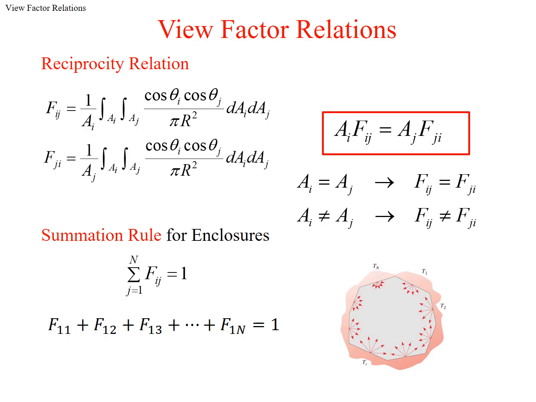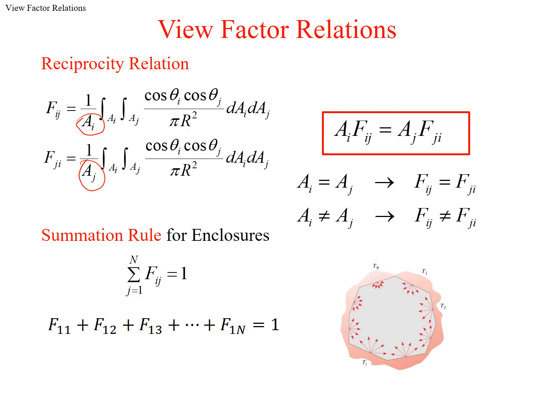There's another relation called the reciprocity relation. We're going back to the relations that we defined for the view factors Fij and Fji. We can always take a look at these two relations and compare them against one another. They're almost the same; the only difference between these two relations is Ai here and Aj here.